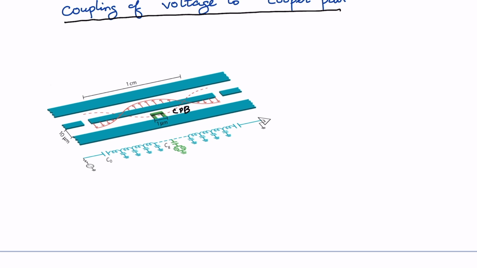And to understand how this is happening, let us consider that the gate charge Q_g in the Cooper pair box is getting changed due to the quantum mechanical voltage fluctuation by say δQ_g, and this part is the quantum fluctuation in the voltage.